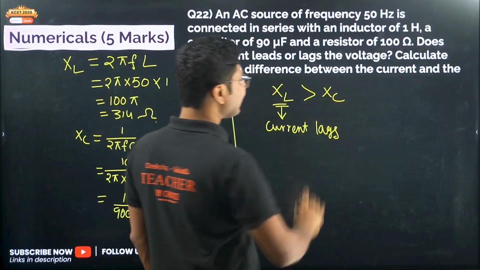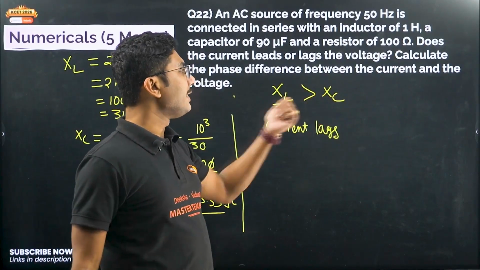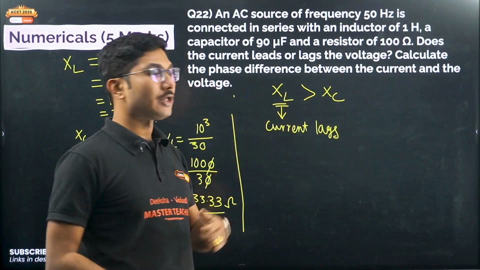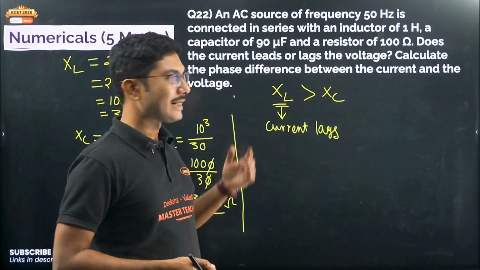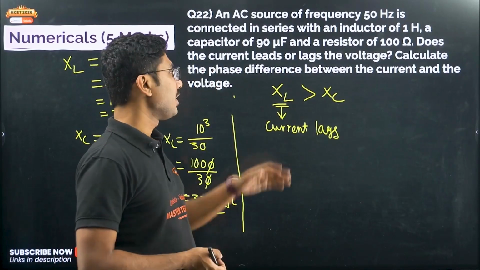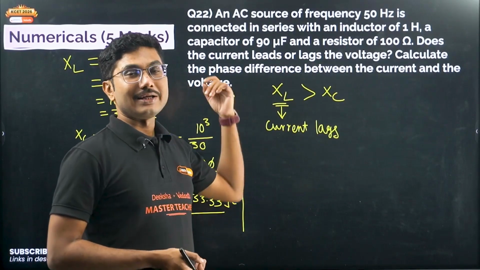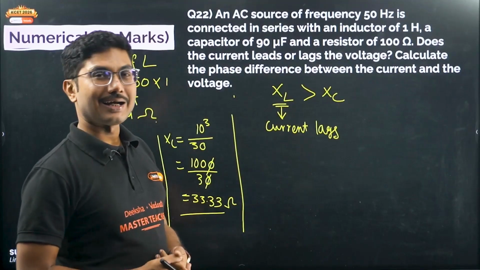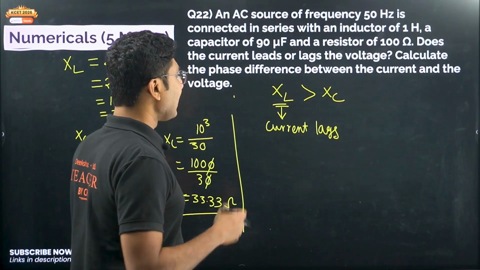If you find XC is more, then current would be leading. So current leads or lags depends upon the mutual value of XL and XC. If they are exactly equal, we get the resonance condition. If XL is greater than XC, then we get current lags. If XC is greater, then current is leading. So here as clear as day, current is lagging.